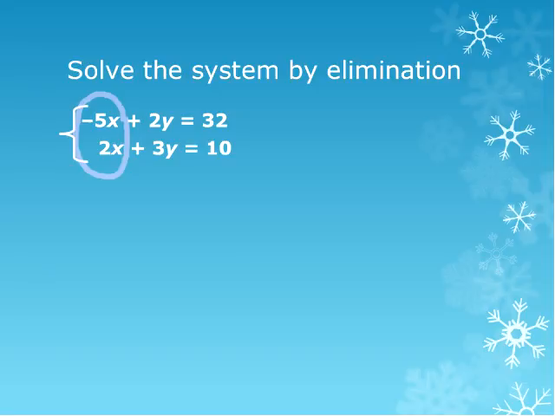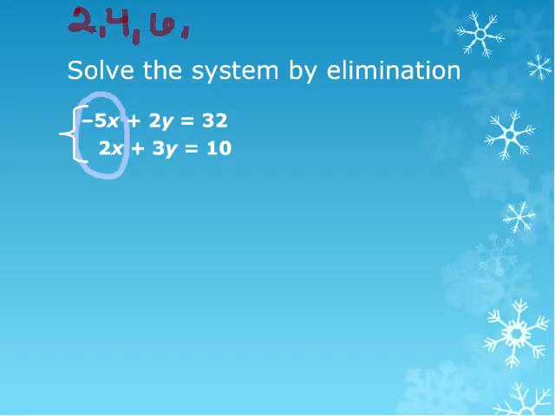Okay, so now that they're not the same number, what is a common multiple of 2 and 5 that I can get to maybe get them to go to 0? So if they're not the same number, 2 and 5, we have to look for the least common multiple. What is the least common multiple between 2 and 5?